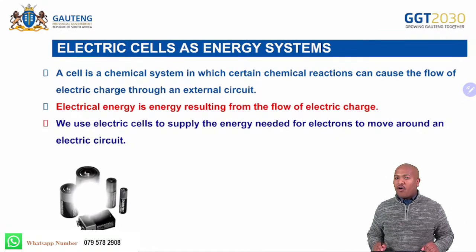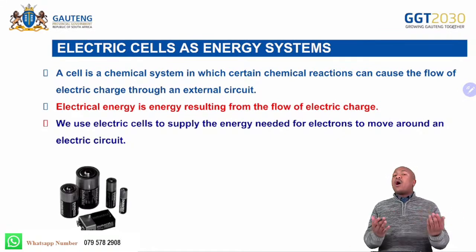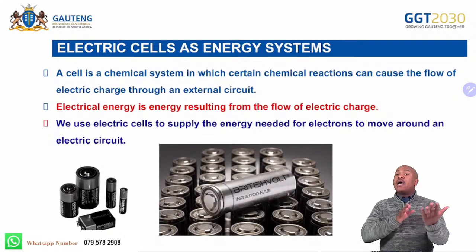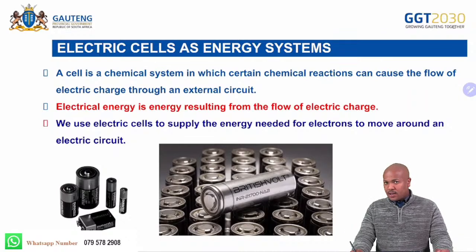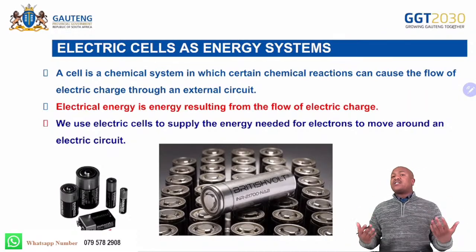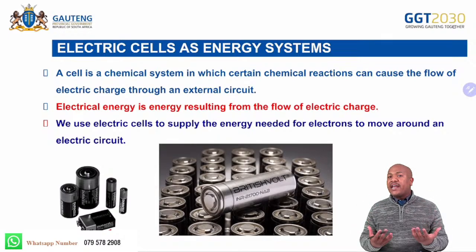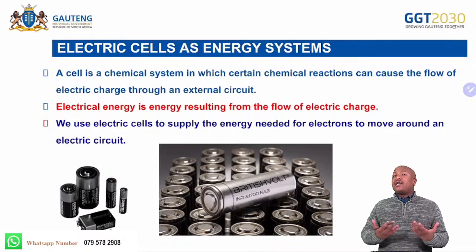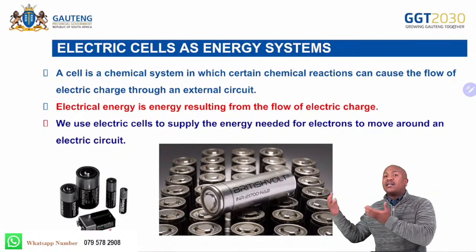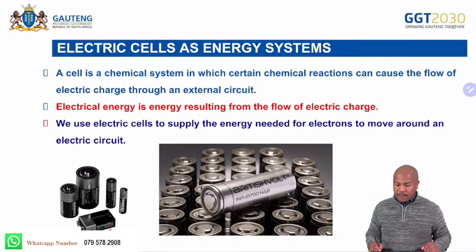Here's an example of electric cells, right? The ones that you are familiar with, the ones that we put in the remote for our TVs. Here's an example here, right? These are devices that contain potential chemical energy that can be transferred into electrical energy, so that we can have what?